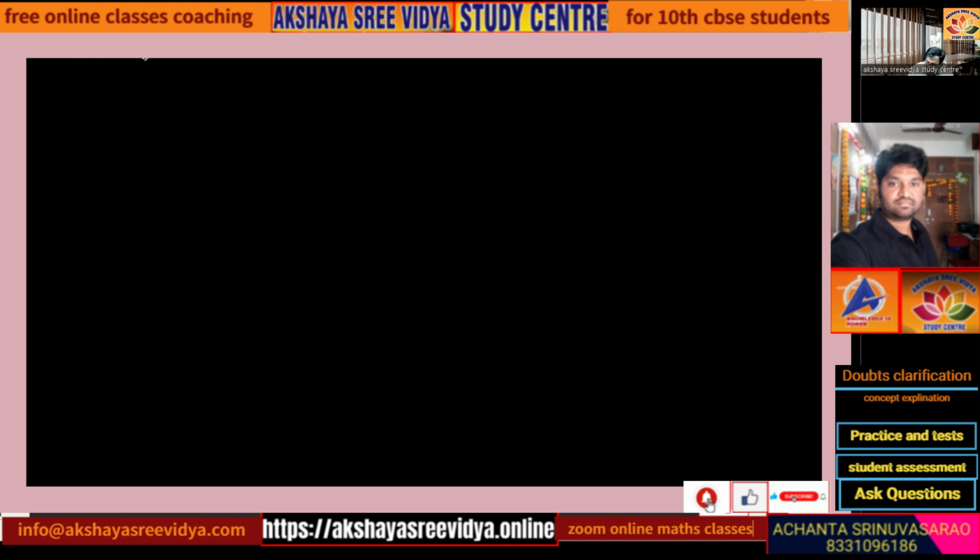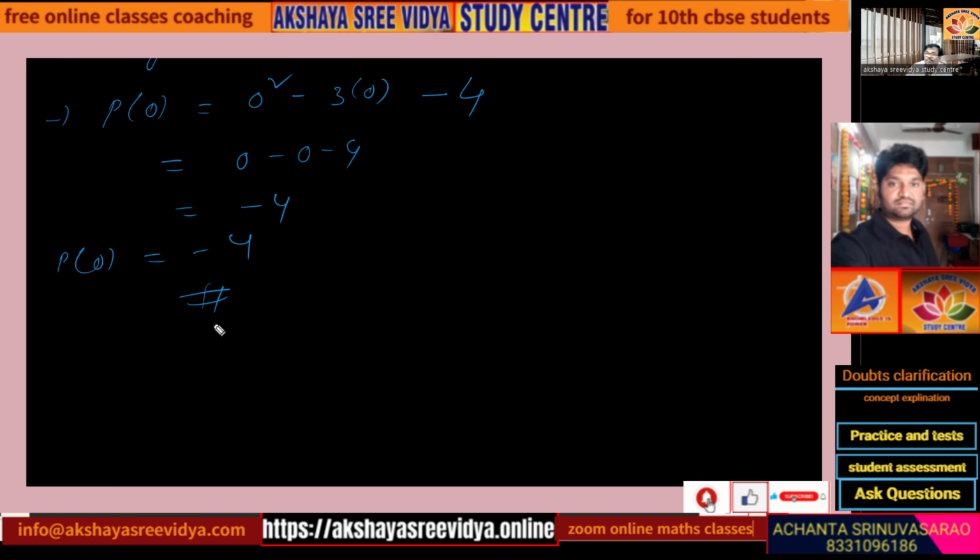Putting x is equal to 0, this implies p of 0 is equal to 0 square minus 3 of 0 minus 4. This is equal to 0 minus 0 minus 4, which is equal to minus 4. Therefore, p of 0 is equal to minus 4.